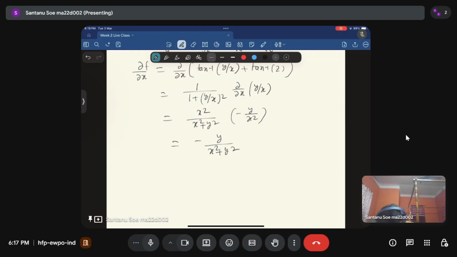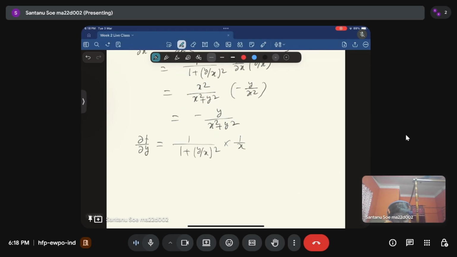And del f del y is 1 by 1 plus y by x whole square into 1 by x. Okay, because the derivative with respect to y of the function y by x will be just 1 by x.